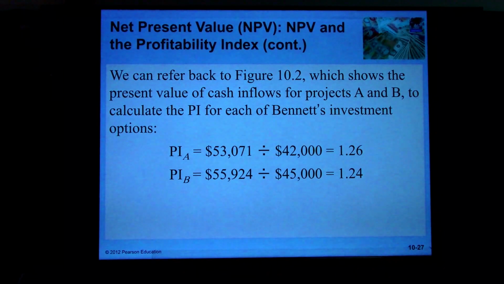In this case, if you have unlimited funds, you are going to accept both projects. Why are you going to accept both projects? Because the PI of both of them is more than 1, we should accept them. But if you have limited funds, or those two projects are mutually exclusive, in this case we should choose the highest one, that is project A.